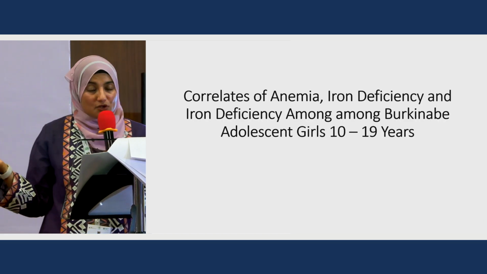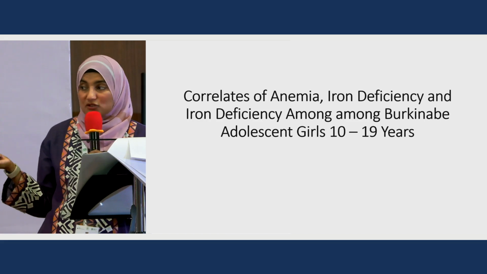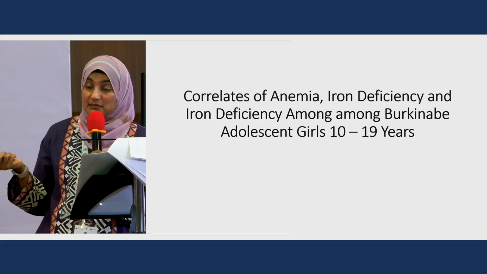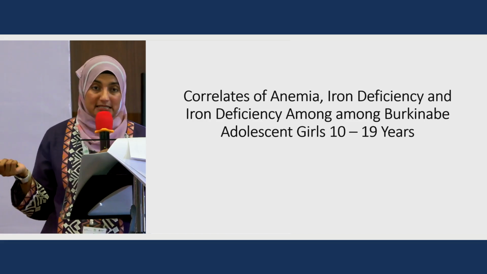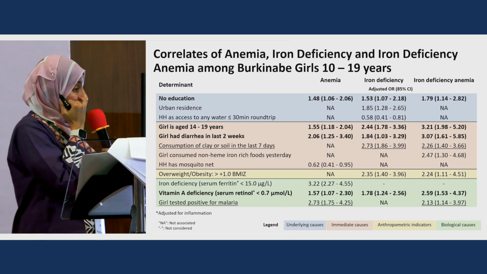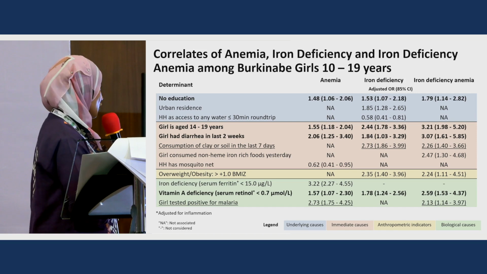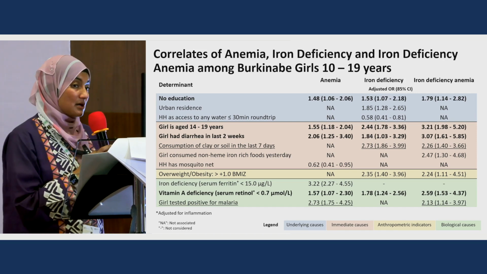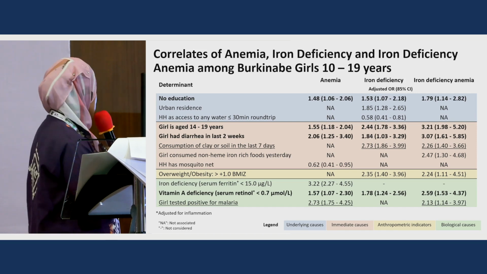So in Burkina Faso, we also collected population representative data on adolescent girls as well as boys, 10 to 19 years. So this slide summarizes the results of the modeling for girls looking at anemia, iron deficiency, as well as iron deficiency anemia.